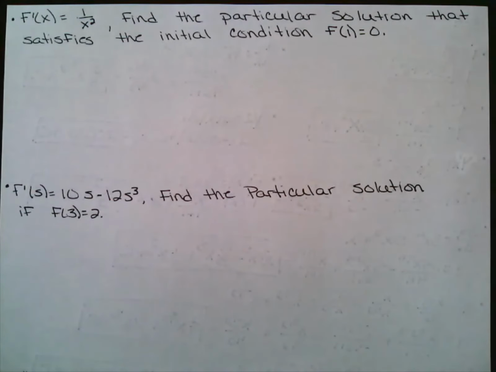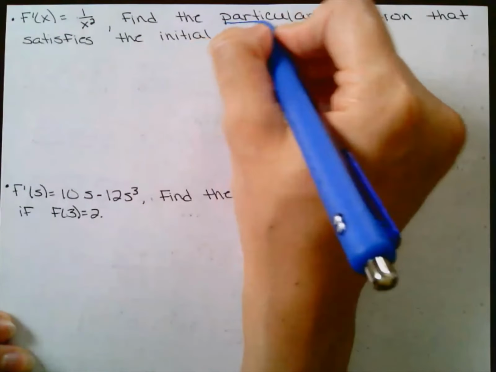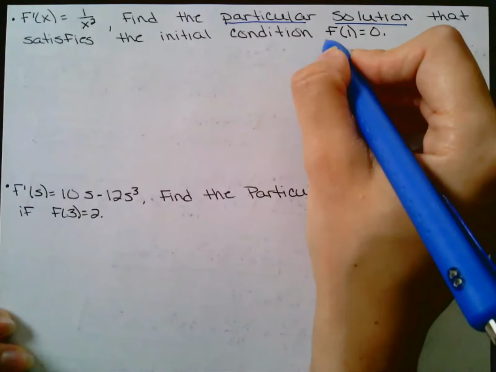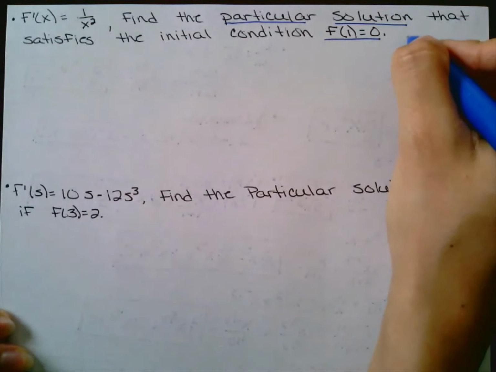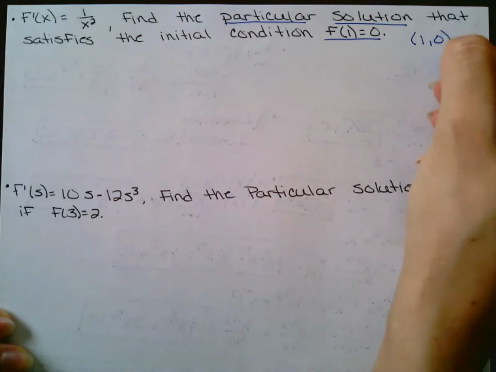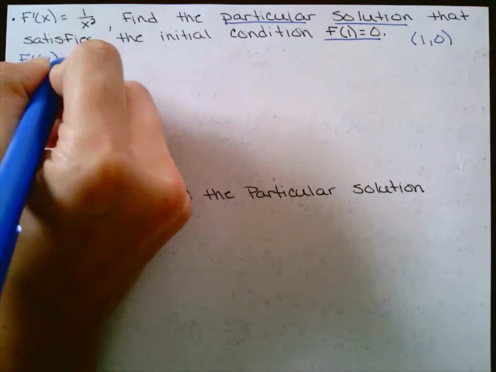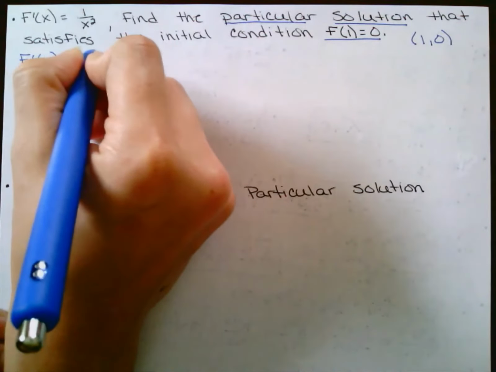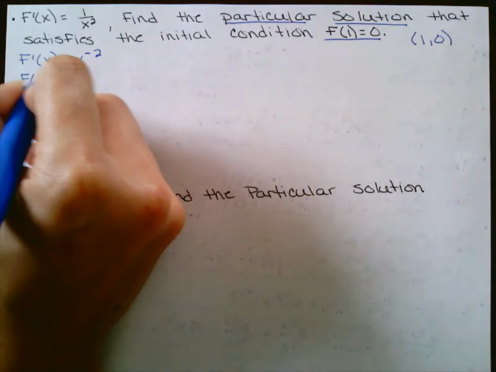Let's see 3 more questions and then we'll close this up. So they gave us f prime is 1 over x squared. Find the particular solution that satisfies the initial condition. And here they're giving me that f of 1 is 0. That means that my ordered pair is 1, 0. So I'm going to take a moment and rewrite f prime to say x to the negative second. I'm going to do my antiderivative, so that means f of x.